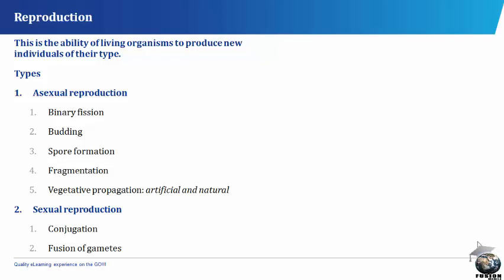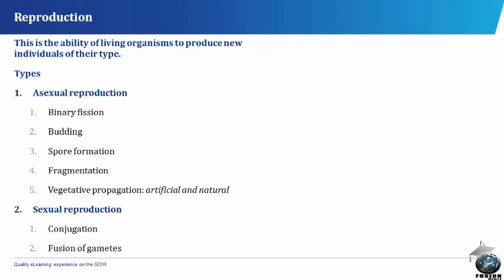Artificial vegetative propagation is carried out by planting parts of perennating organs, that is, organs that survive from one growing season to the next, like tubers and rhizomes. Each perennating organ must possess a bud which can develop into a new plant.